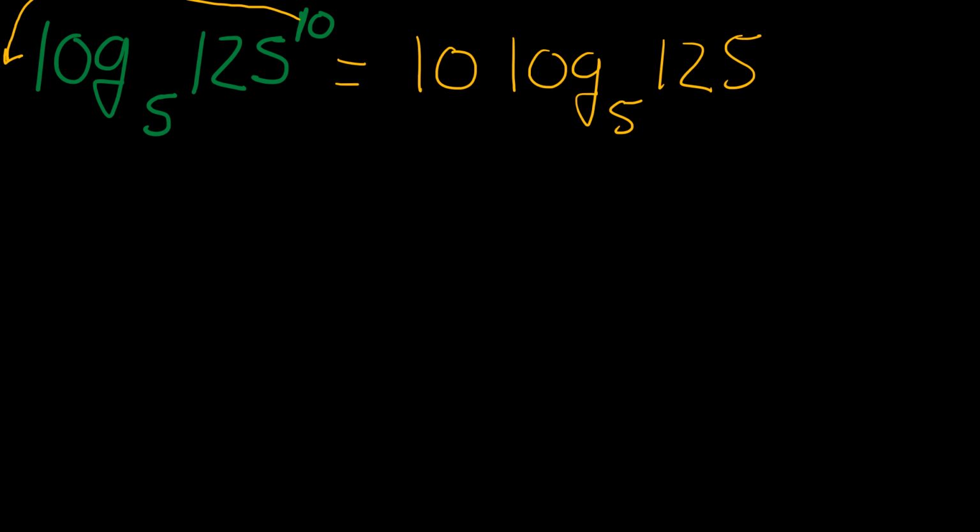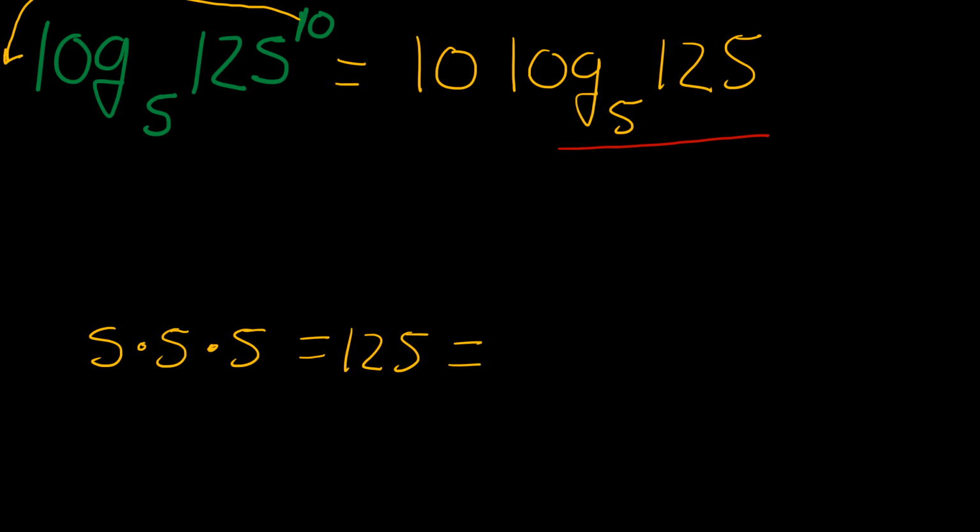Now, we have to evaluate log base 5 of 125. So in order to do that, we have to ask ourselves, 5 to the what power is 125? And if we don't know that, we simply just multiply 5's. So 5 times 5 is 25, and then 25 times 5 is 125.